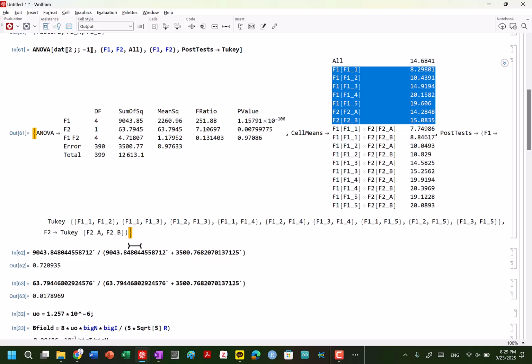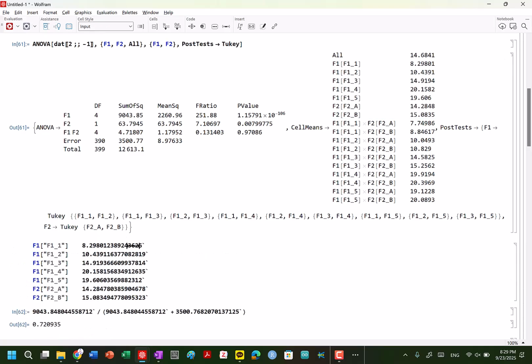And here's where it's telling you F1 here. So if I want to maximize my conditions, I definitely probably want to pick 4, but 4 and 5 are very close. Is 4 different from everything else? So 4 is different from 1, 4 is different from 2, 4 is different from 3, but 4 is not different from 5. So I want to pick 4 or 5.